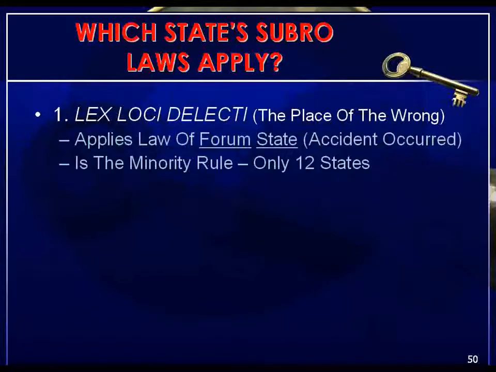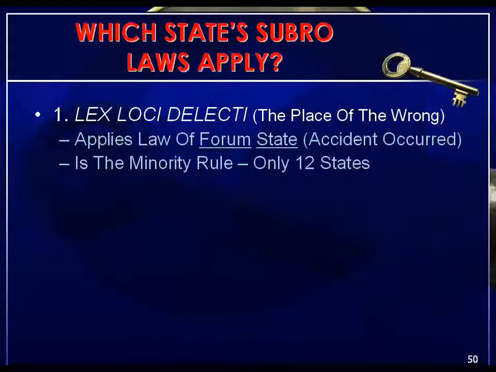There are 3 possible approaches to determine which state's subrogation laws apply. You look to the state where the lawsuit is filed. So if the lawsuit is filed in Georgia, you look at Georgia law. Georgia law will have a separate body of law called conflict of laws, and these laws will apply one of 3 or 4 rules to determine which state's law applies to your subrogation rights.